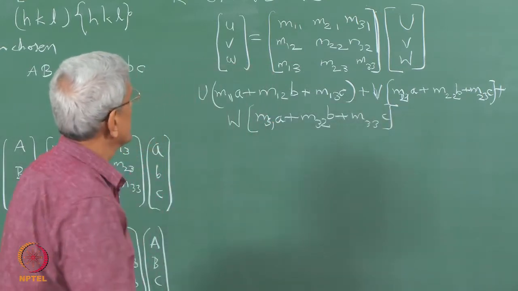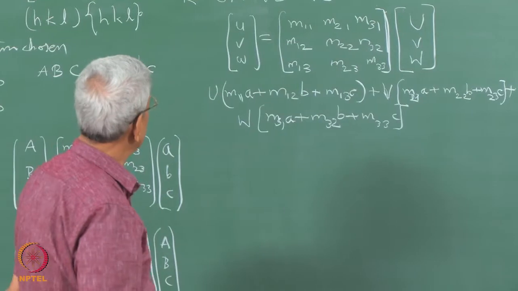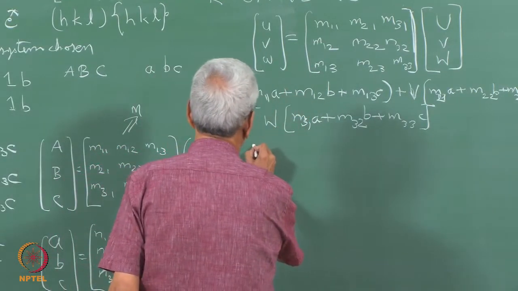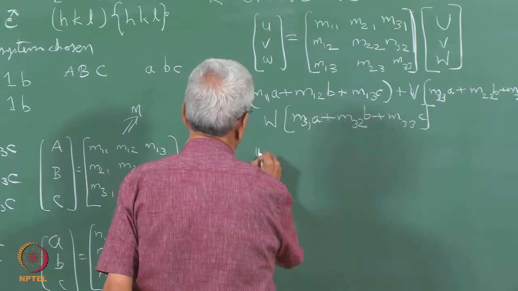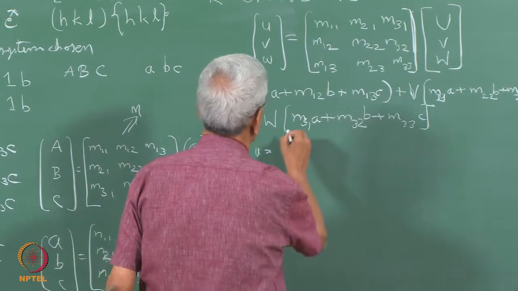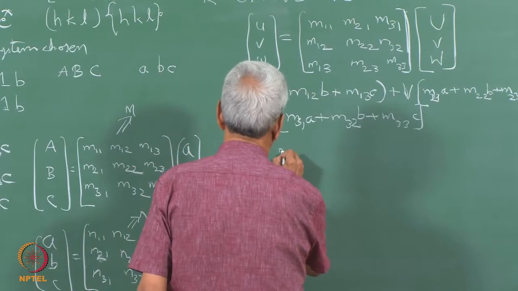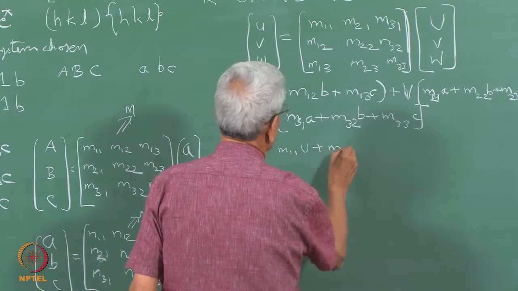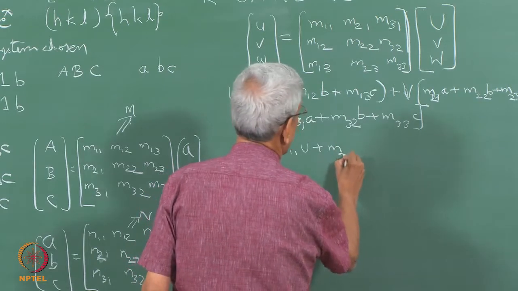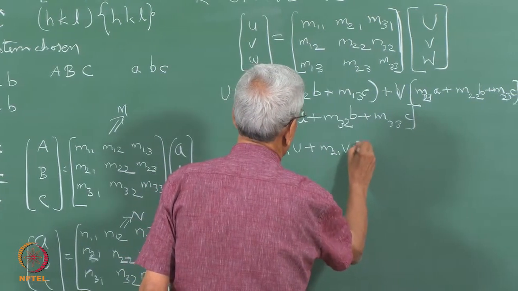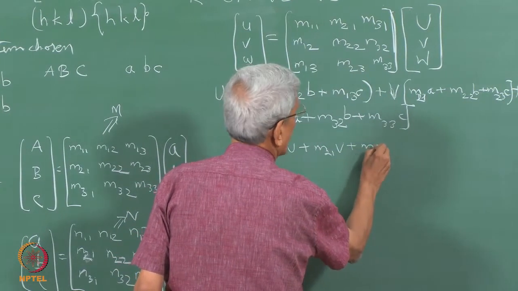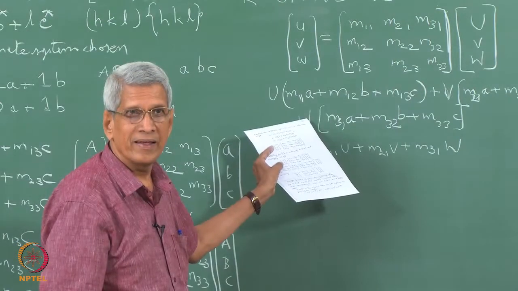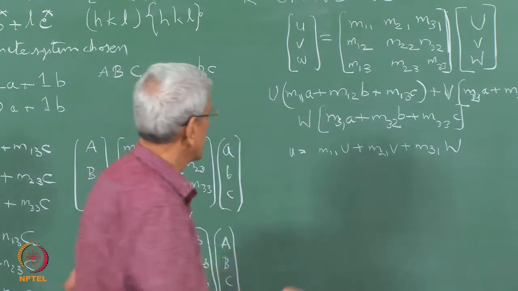Okay. If we take the coefficients of A alone, then what will happen? On that side it is small u, it equals M11 into U plus M21 into V plus M31 into W, correct? Is it right? Okay.